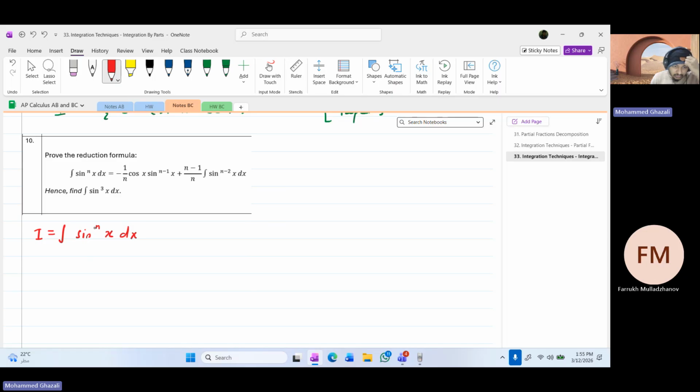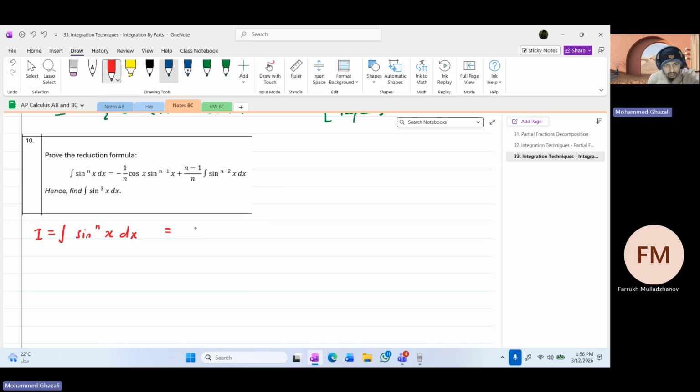So what we're going to do is break up the sine n x, because you can see your u dv. That should be your u and that should be your v. You have to break up the n into n minus 1.